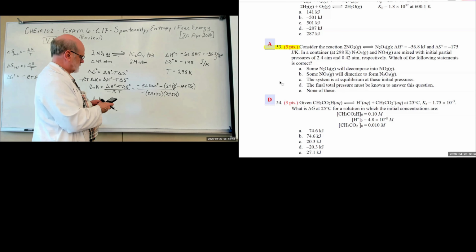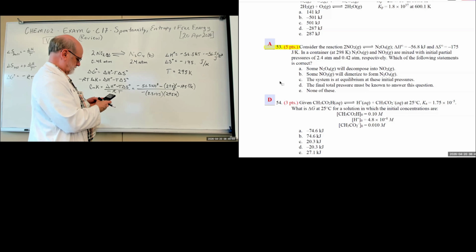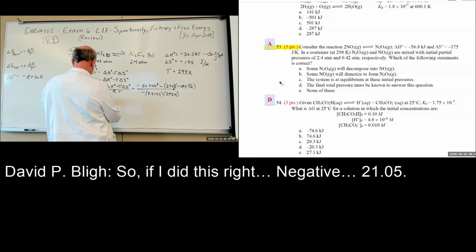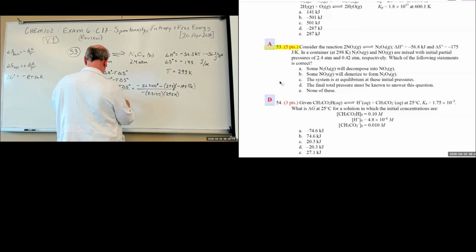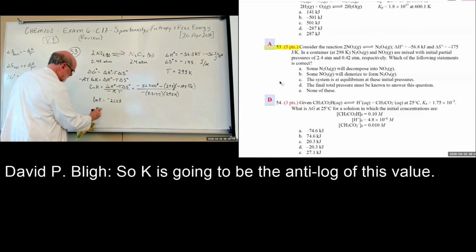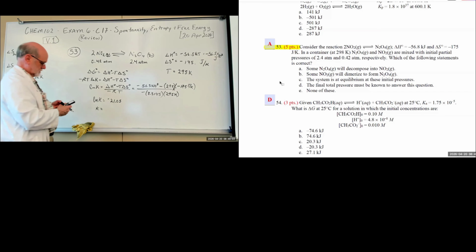All right. So if I did this right, negative 21.05 is log K. So K is going to be the anti-log of this value.